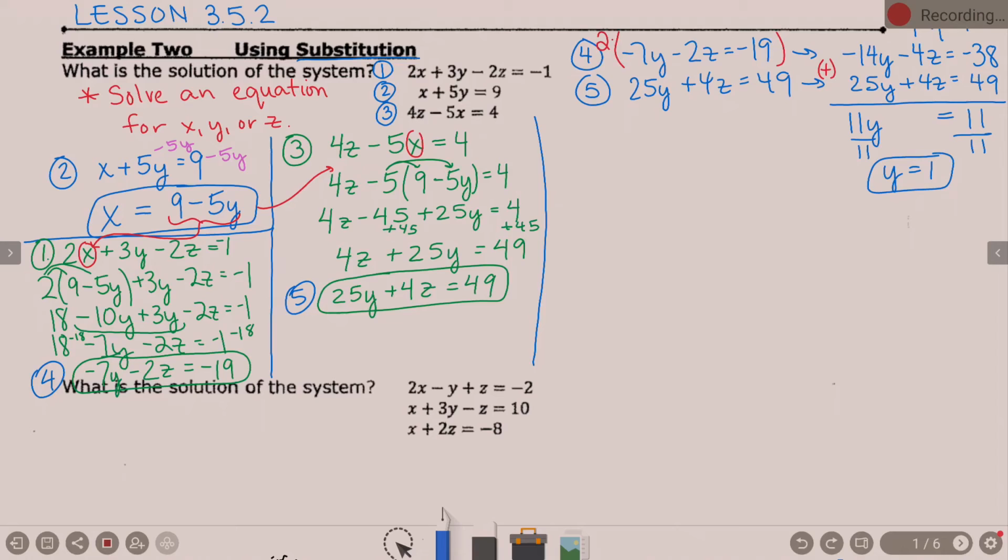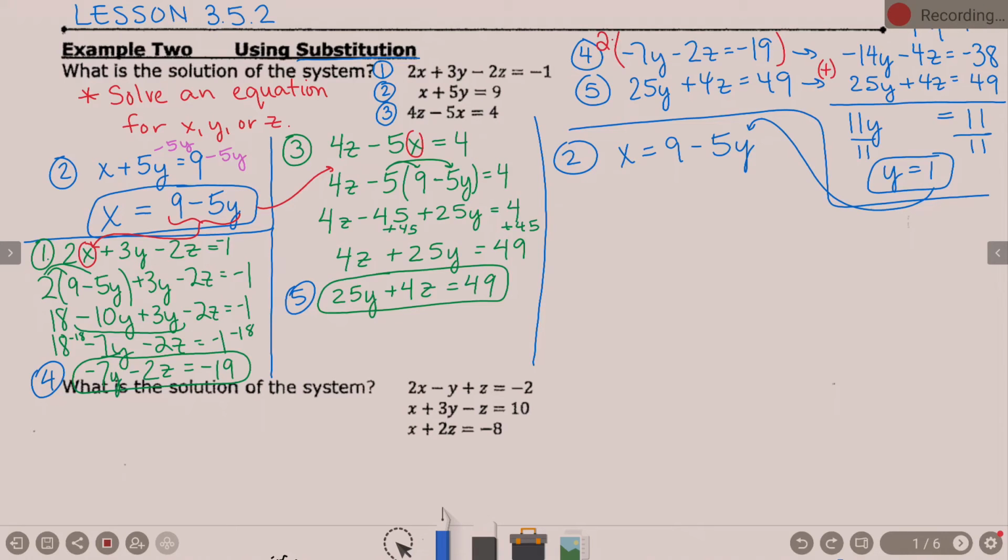What happened to our solved version of 2 here that I forgot about? Could we go back to x equals 9 minus 5y? Yeah. And actually, is that what I've done in the past? Yeah. Okay, so there's a couple different options you have here. I totally spaced it, but you can go back to 4 or 5, or this equation 2 that was x equals 9 minus 5y, except what's y?